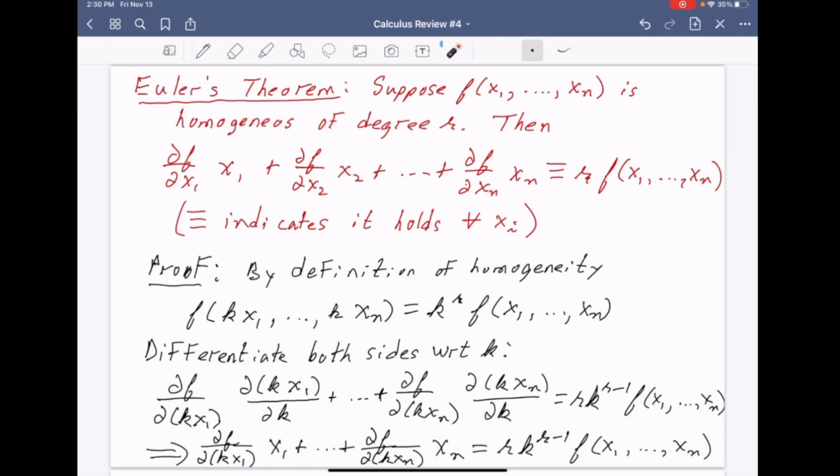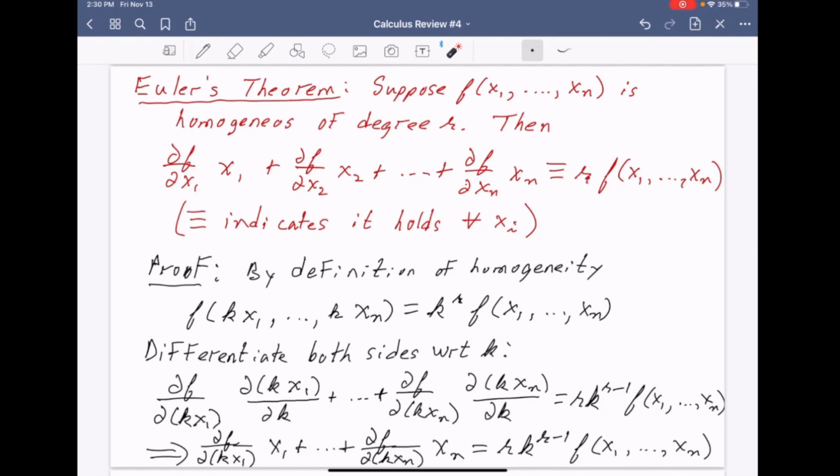Then if we sum those partial derivatives times the levels, we get a parameter r times f of x1 to xn. So the original function is multiplied by r, and r is the degree of homogeneity.